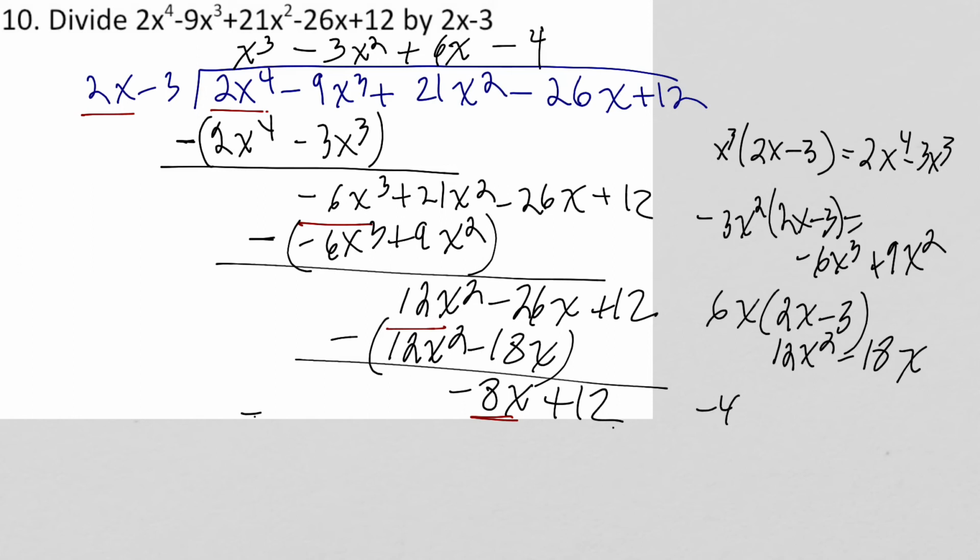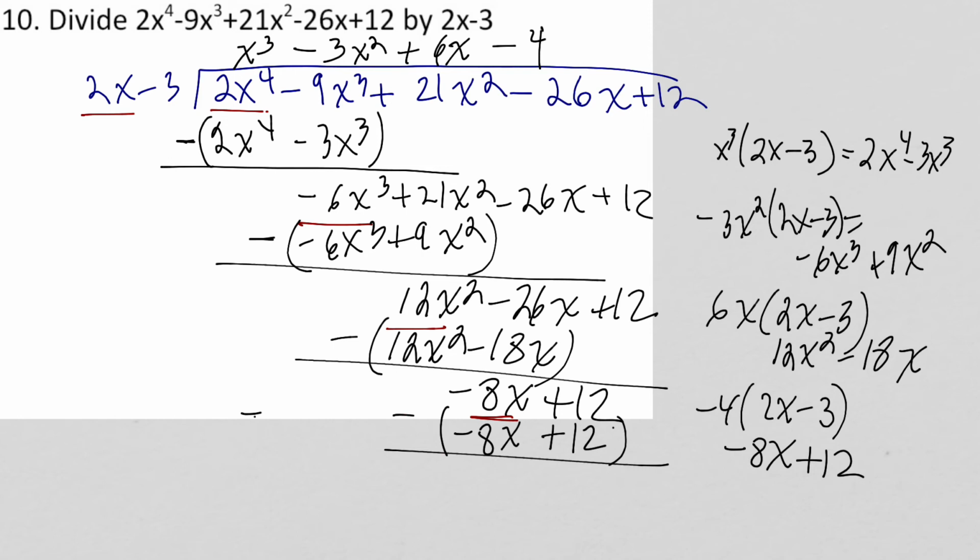So I'm doing -4 times 2x minus 3. That becomes a -8x, positive 12. Putting that in the spot there. Again, these are being subtracted. These all come out to be 0 as a remainder. So my answer here is this big thing on the top: x cubed minus 3x squared plus 6x minus 4.